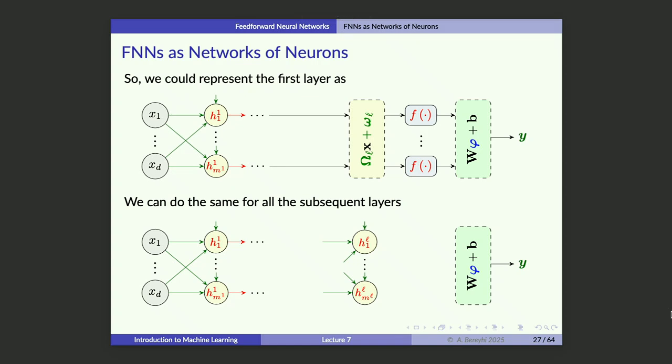So if we think like that, we can repeat this replacement layer by layer, and at the very end of the day, we're going to have L different layers. Every single one of them has a bunch of neurons, weighted with some weights and biases and activated with some activation function, right?